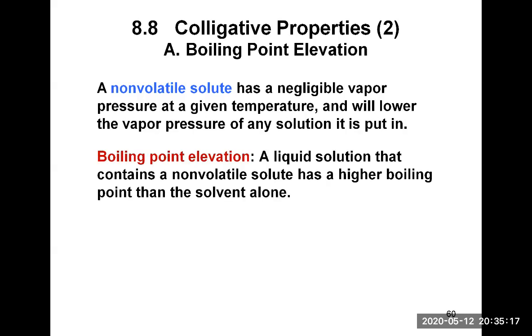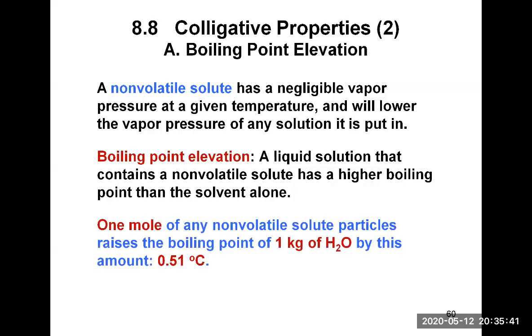And so this brings about the elevation of the boiling point for that solution. A liquid solution that contains a non-volatile solute has a higher boiling point than the solvent alone. So you increase the boiling point when you add a non-volatile solute in a solvent.